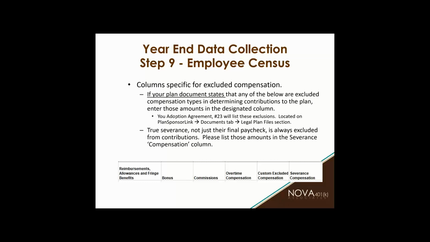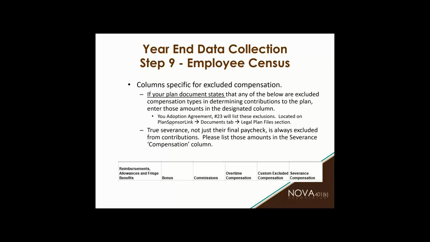The adoption agreement, the plan document for every retirement plan will state which compensation, if any, is excluded in the calculations of the contributions for the employees. Okay. And if you don't know which ones are excluded, in your adoption agreement that is listed in Plan Sponsor Link for your plan, number 23 will list these exclusions.